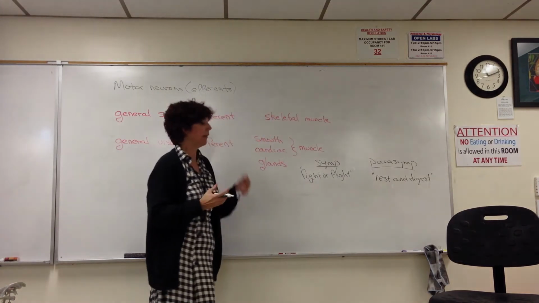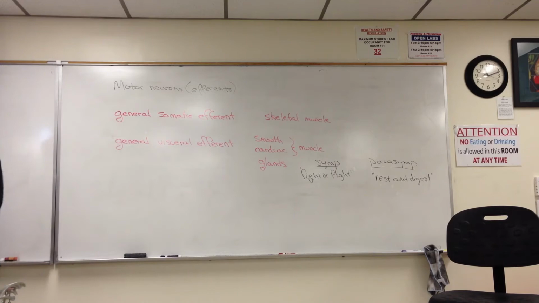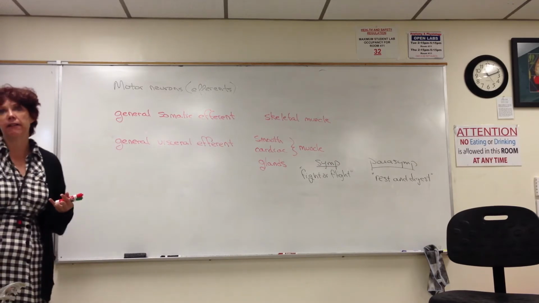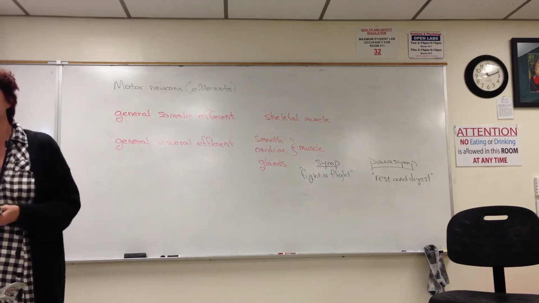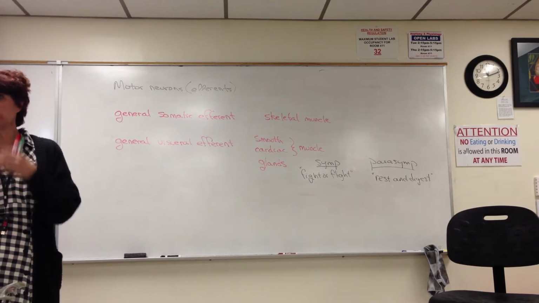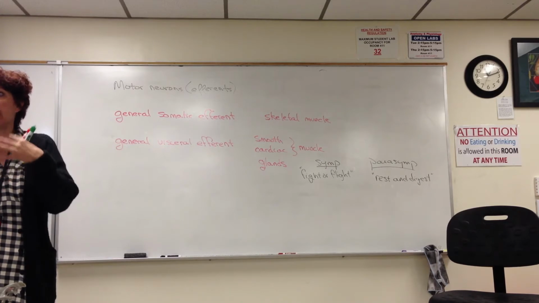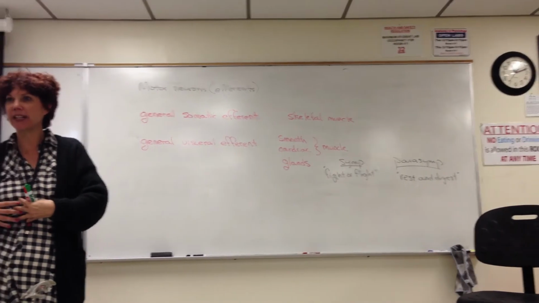However, in the reproductive system, they both work together, so they don't have opposite effects. They're both needed for reproductive function. And then sometimes only one of them does both sides. So for blood pressure, if you have high blood pressure, your blood vessels dilate by having less sympathetic activity.